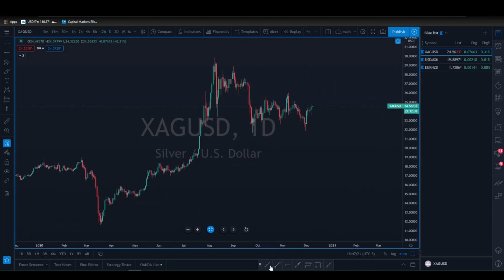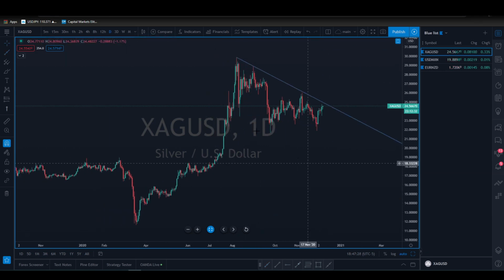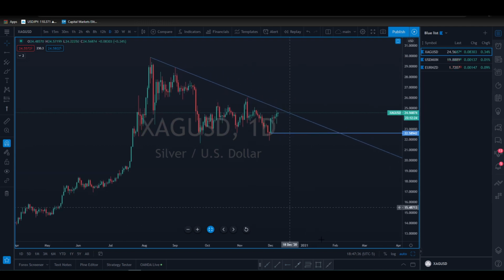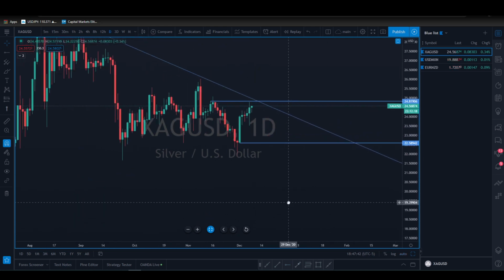First thing I see going on silver is something kind of like this. The last market structure that we made on a daily closing basis was right here. This area that we're currently testing, we need a closure above that.